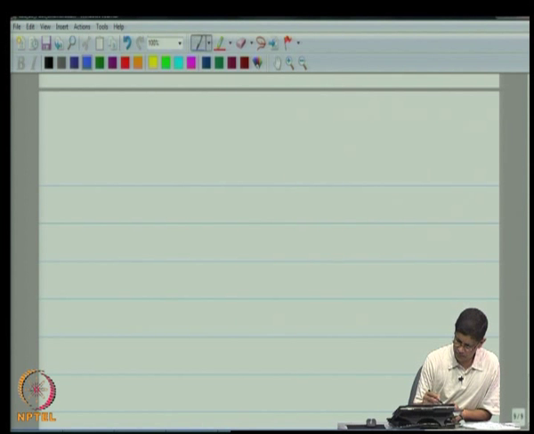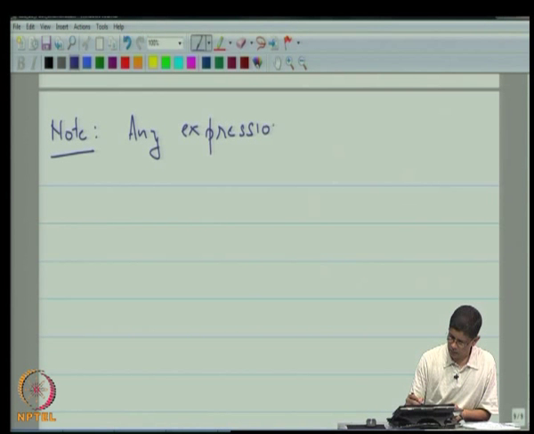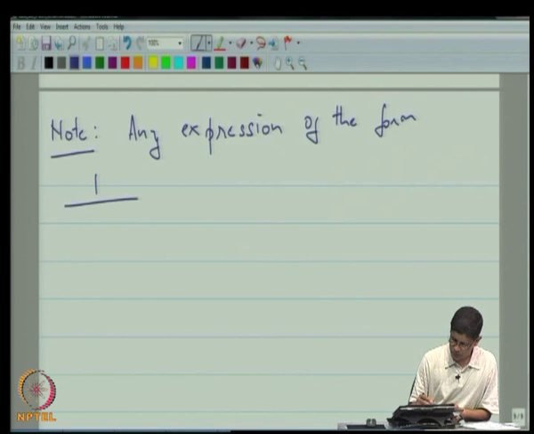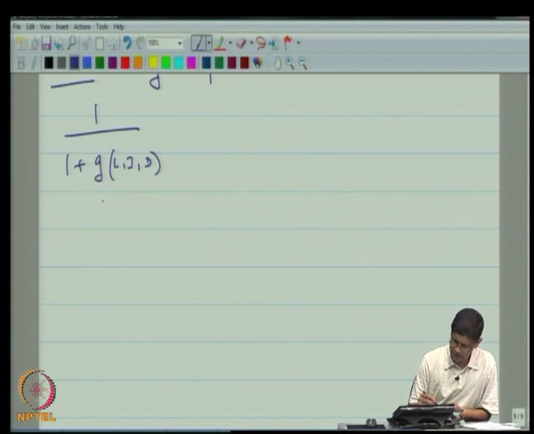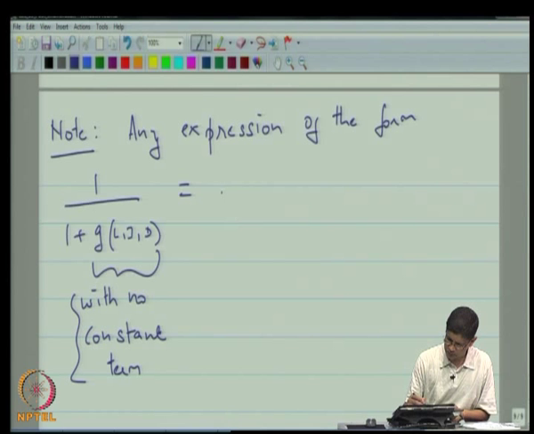Note any expression of the form 1 upon 1 minus G L I D, with no constant term in G, can be expanded as follows.